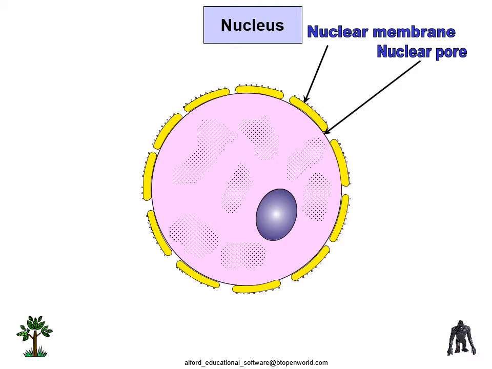And these nuclear pores are really important because they allow the messenger RNA that's produced inside the nucleus during transcription from the base sequence of DNA. So it's a copy of the base sequence of a gene called the messenger RNA, and this nuclear pore allows that messenger RNA to move out.